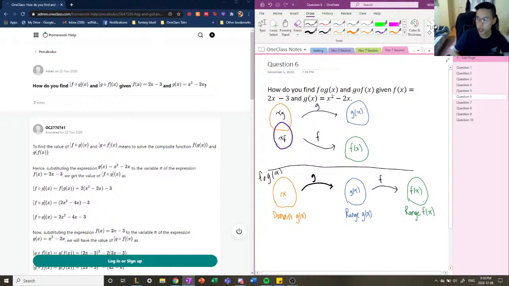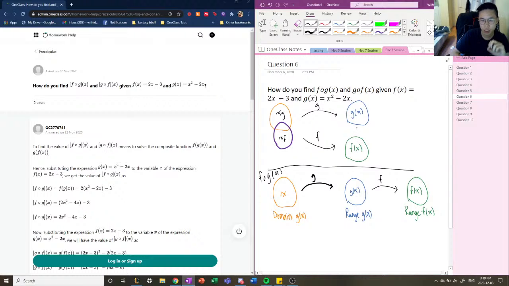Now in our particular example here, we have polynomial functions. So we know that the whole real number set is valid for the domain for both, right? But in a general case, there are some compositional functions where the final range of f of g of x is not going to be the same as the range of f of x independently. And that is determined by the domains of the specific functions themselves.